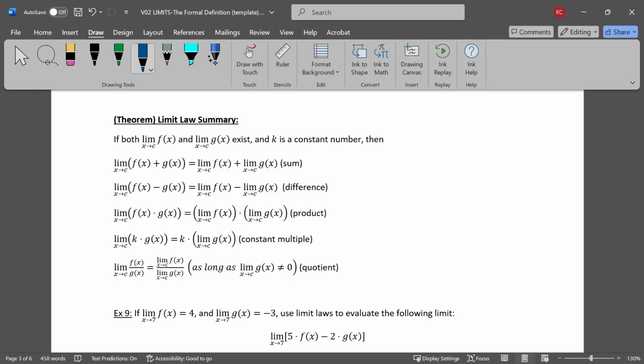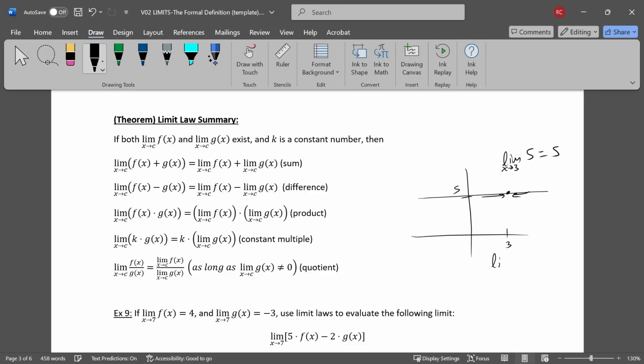Now we also have a constant multiple law. It says if you have the limit of a constant times g of x, you can move that constant in front. If you look at the product law, except the function was a constant, the limit of a constant is just itself, right? So if I have the number 5, and I ask what's the limit as x approaches 3 of 5, well, it's just 5 because the y value being approached is 5.